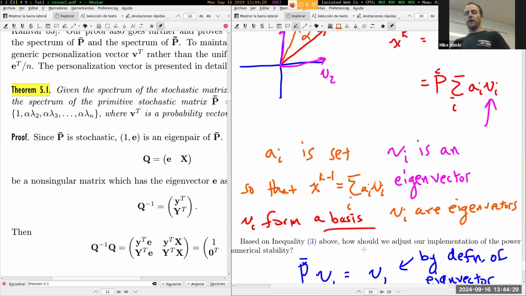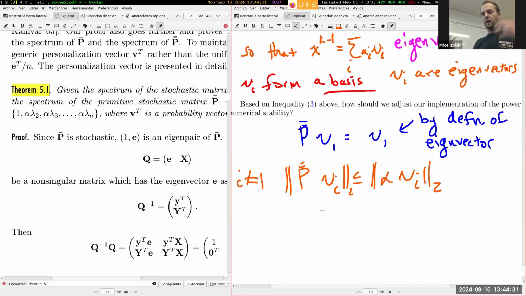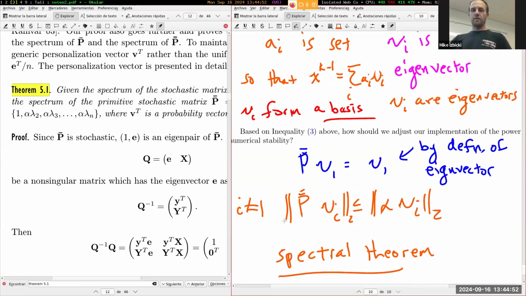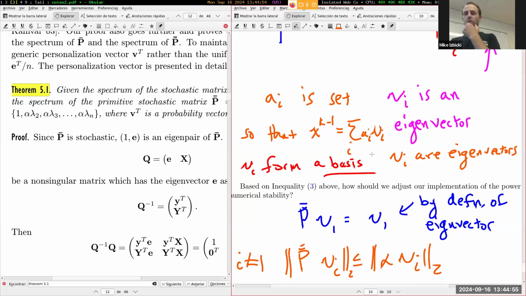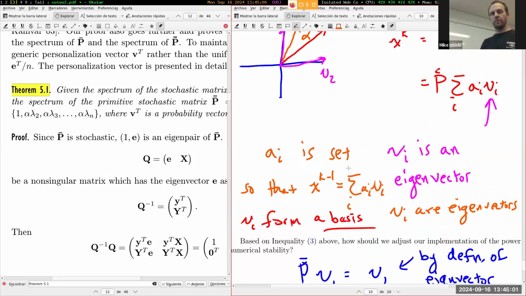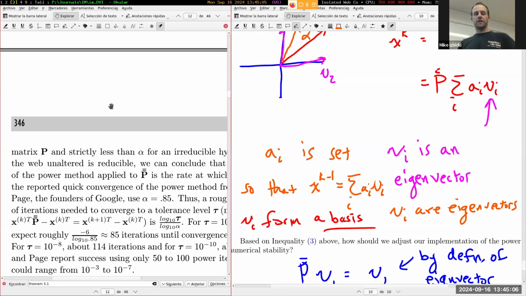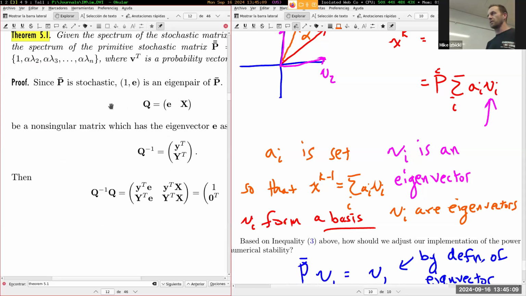The closest thing to the correct answer about what this property is called is the spectral theorem. But if you Google spectral theorem, you'll find something very scary that you don't need to look at. So this is a consequence of something called the spectral theorem. Those are the other keywords. The fact that the eigenvectors form a basis is the key thing there. And this fact is also explained in the reading up through these relevant sections right around theorem 5.1. That's a good question.